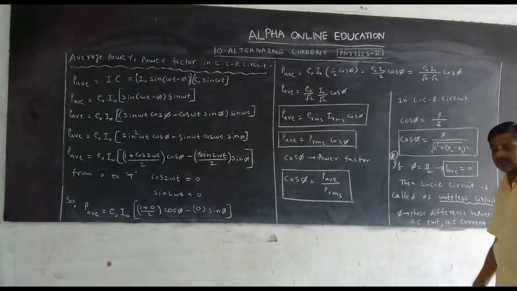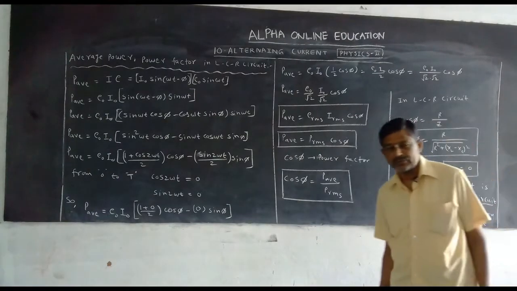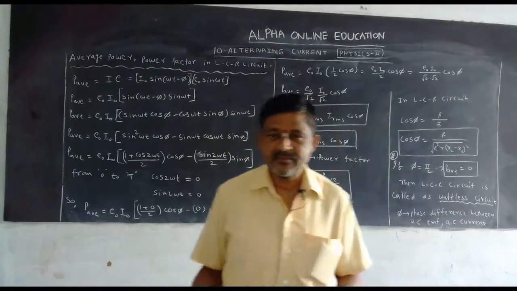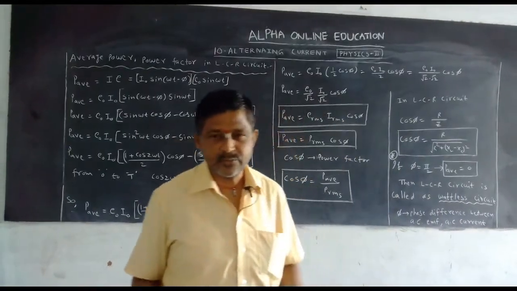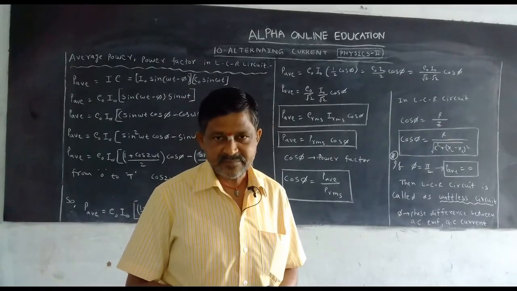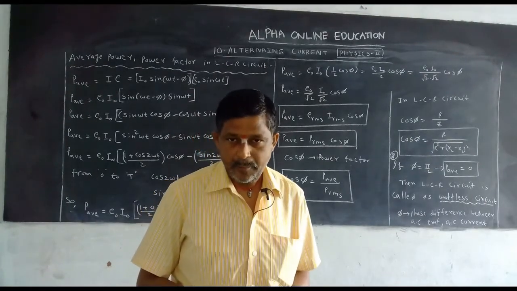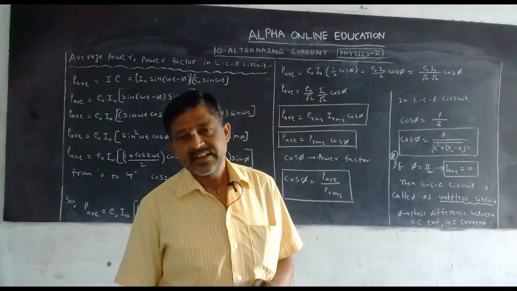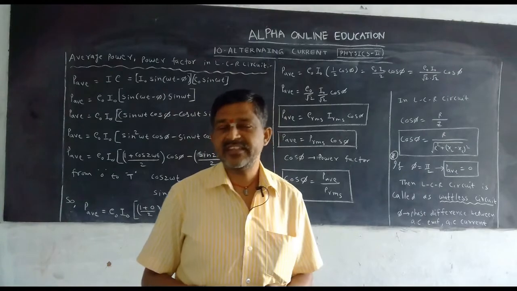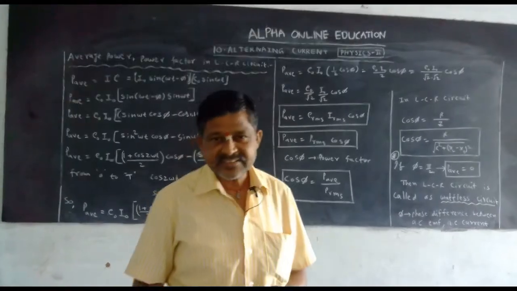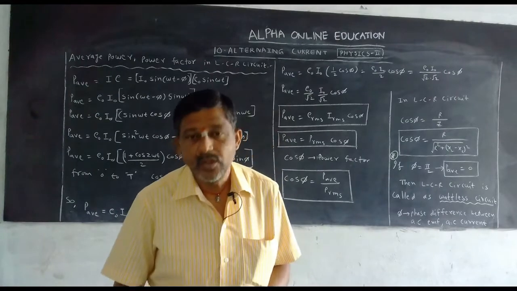Once again, what is the meaning of wattless circuit? When the phase difference between AC current and AC EMF is 90 degrees, or they are perpendicular, then the average power of the LCR circuit is 0.